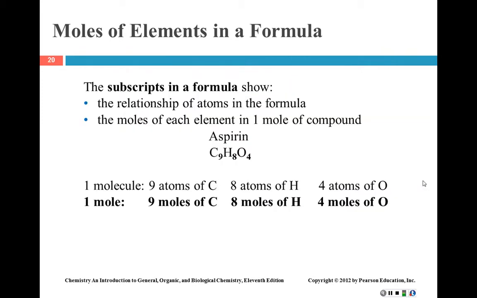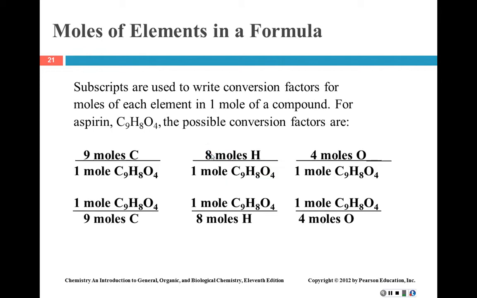So in a formula, the subscript shows how many of each of these types of atoms is in that particular compound. There are 9 moles of carbon in 1 mole of aspirin. There are 8 moles of hydrogen, and there are 4 moles of oxygen in 1 molecule of aspirin.